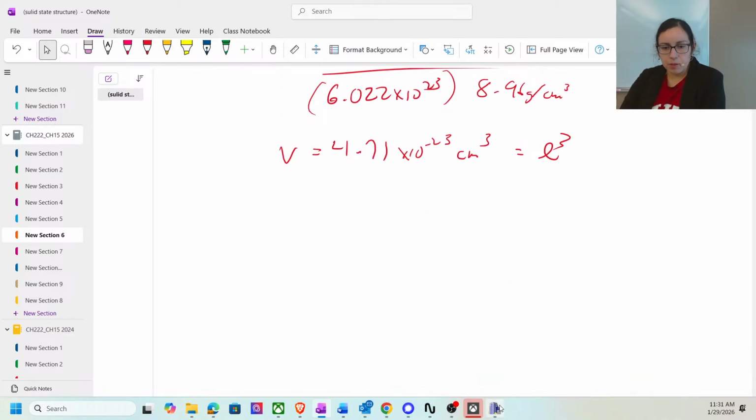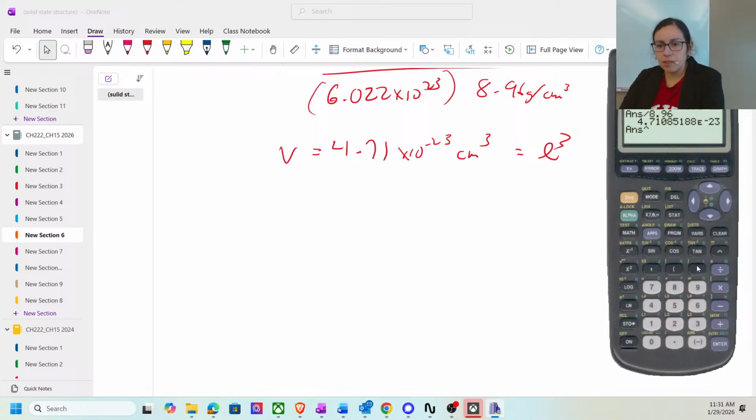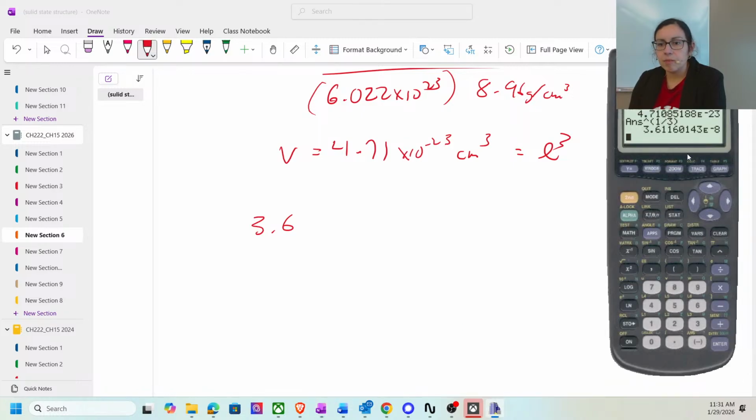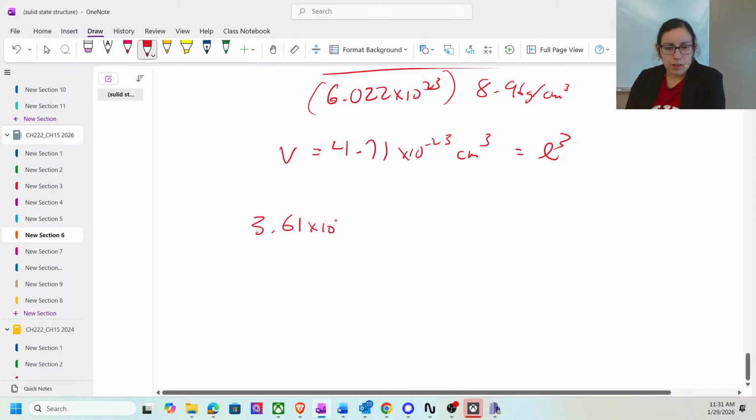So I'd probably start by taking the third root of this. And then this gives us our L, so 3.61 times 10 to the negative 8 centimeters.